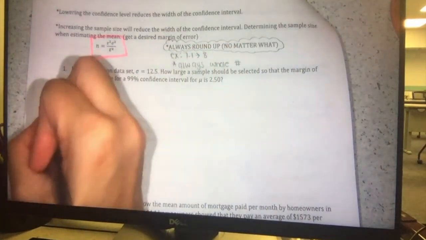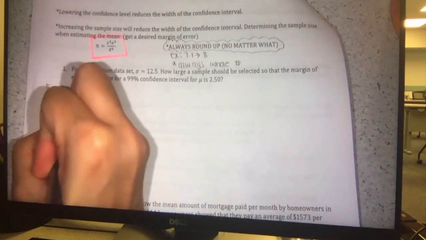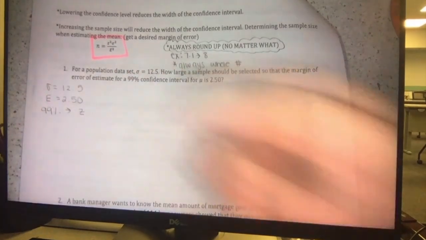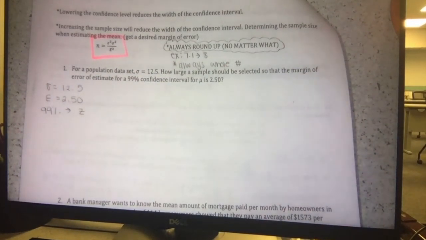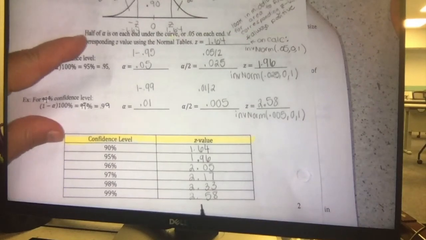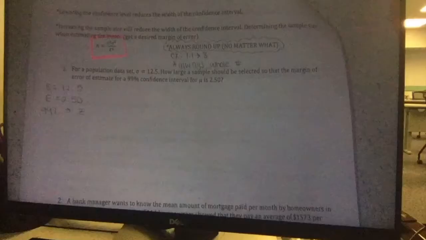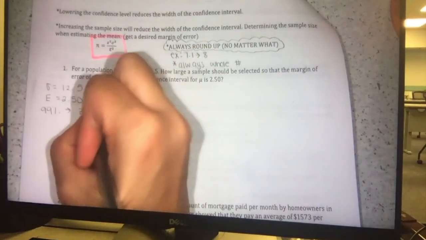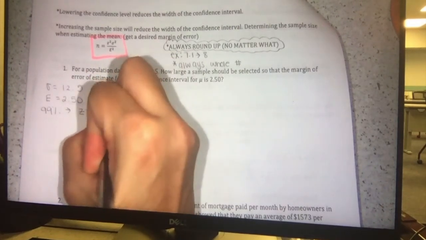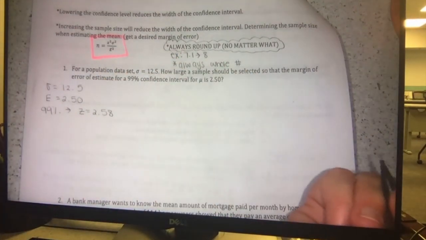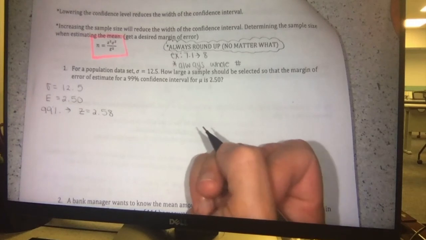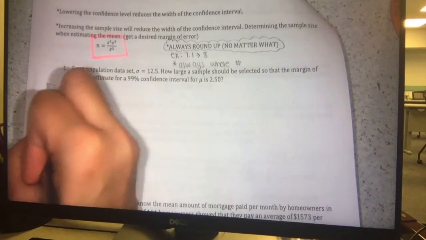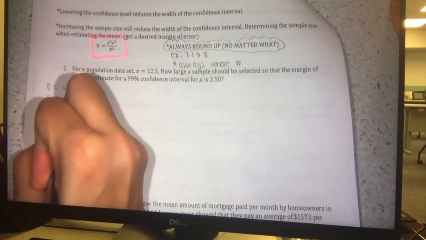We know we want to be 99% confident, so going back to this table, our z value should be 2.58. We don't know our n value.